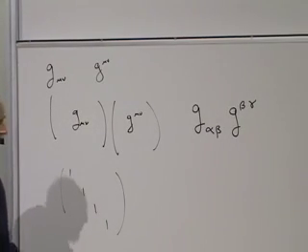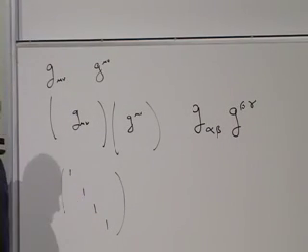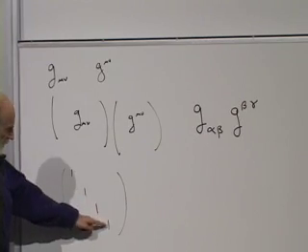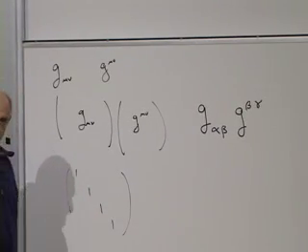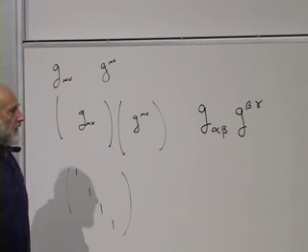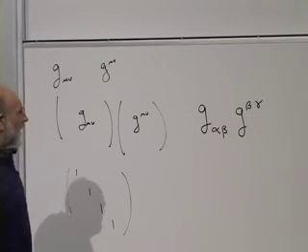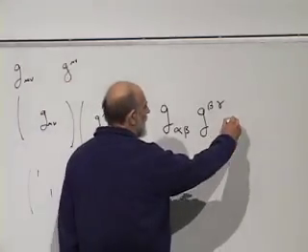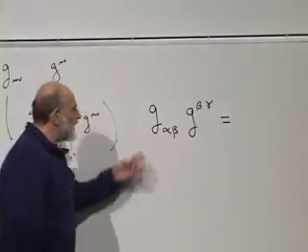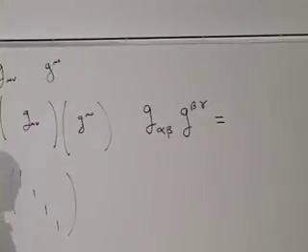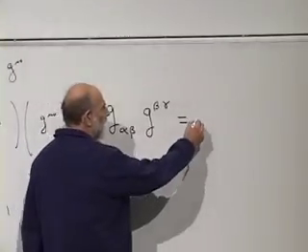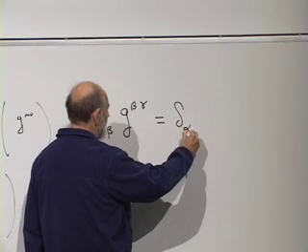What is the matrix product? The matrix product is the matrix with ones along the diagonal. That's the Kronecker delta. From the consistency of notation, I could write this as delta alpha gamma.